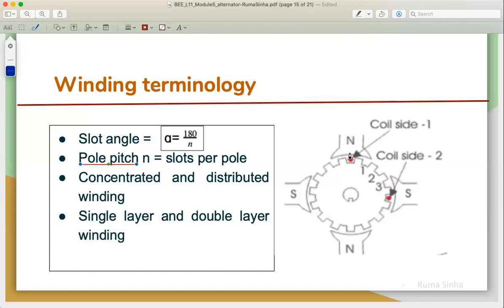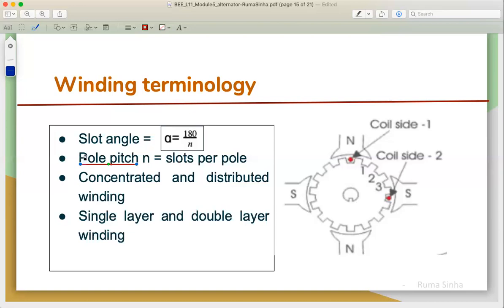If it is a 4-pole system, mechanical angle is 90 degrees. If it is a 2-pole system, mechanical angle will be 180 degrees. If it is a 6-pole system, from one pole to another pole, mechanical angle will be 360 by 3, 120 degrees. But electrical angle from one pole to another pole is always 180 degrees.